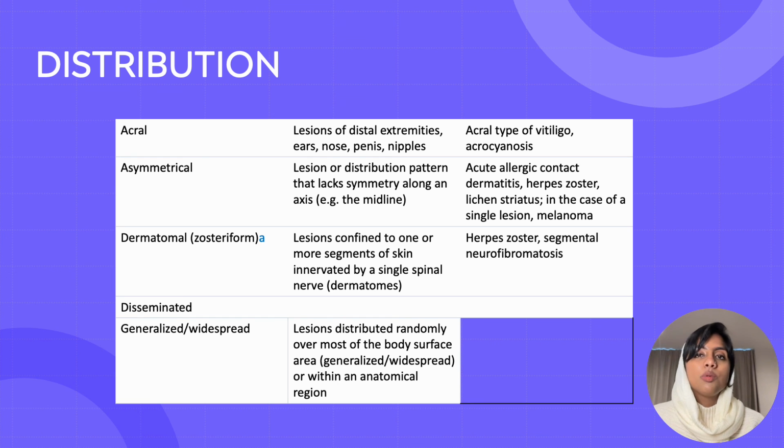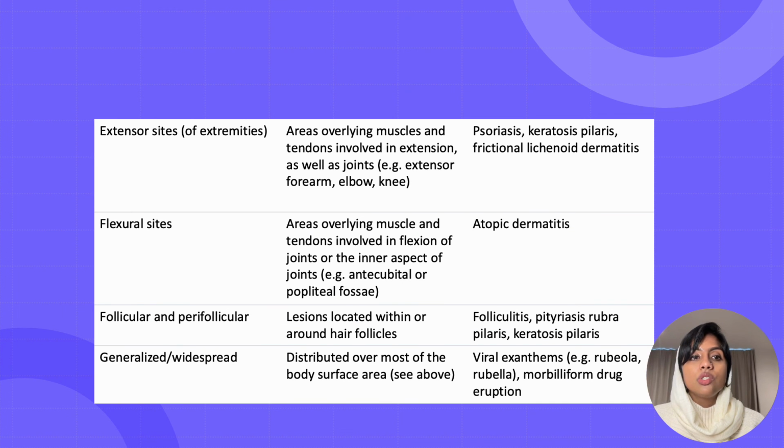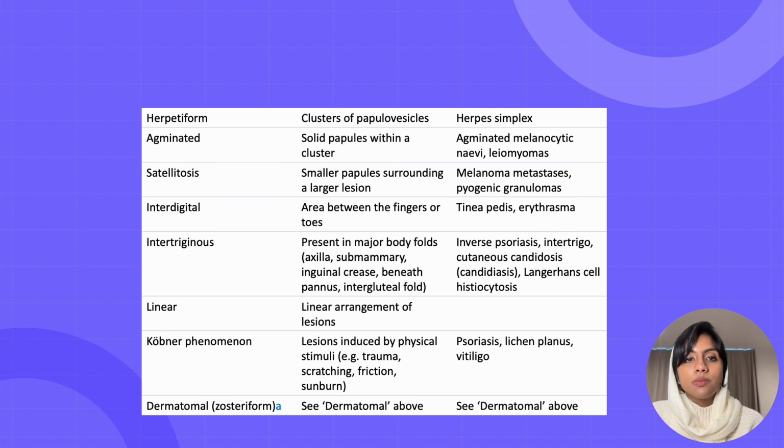If it's a dermatomal distribution, it's more likely to be herpes zoster or varicella. It can be generalized. It can be distributed to just the flexures, just the extensors, or the hair follicles, or around the follicles, which is called perifollicular. It can be widespread, or localized to one particular area.